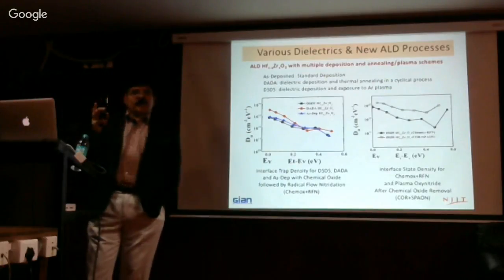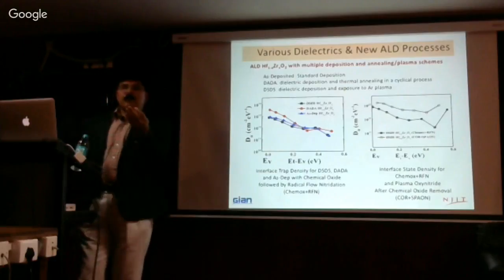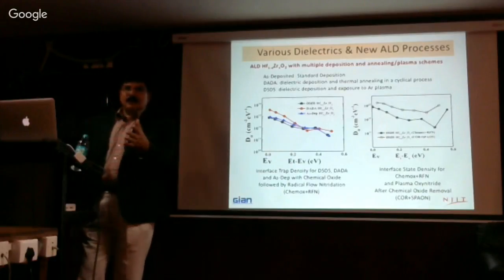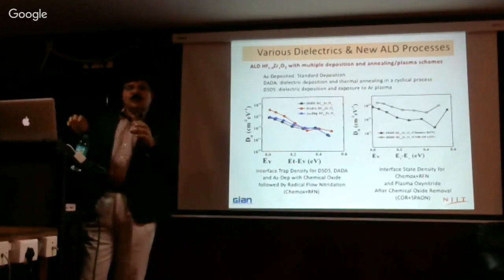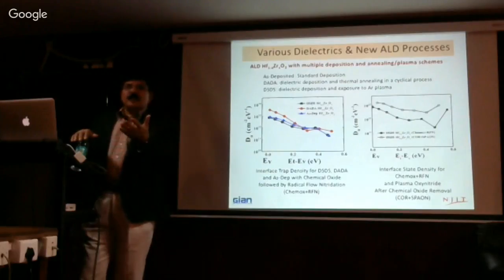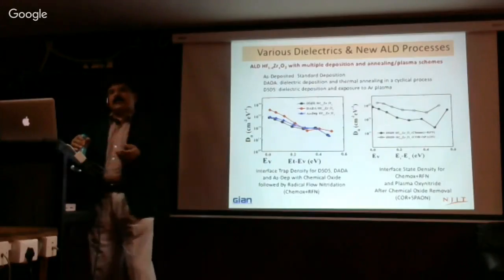So anytime you make a device, it doesn't matter how you make it, for your application you have to know exactly how the interface is affected. Because sometimes we think it is very nice, it's working, but if you don't understand the interface... even solar cells.